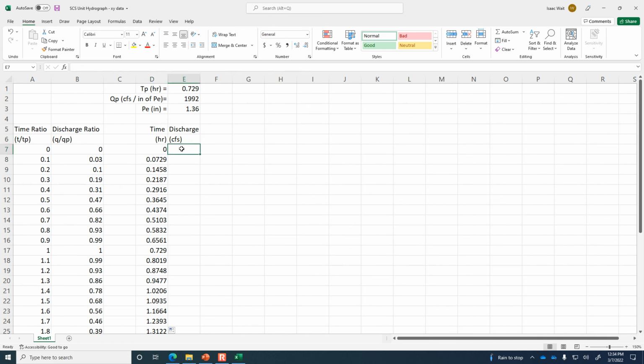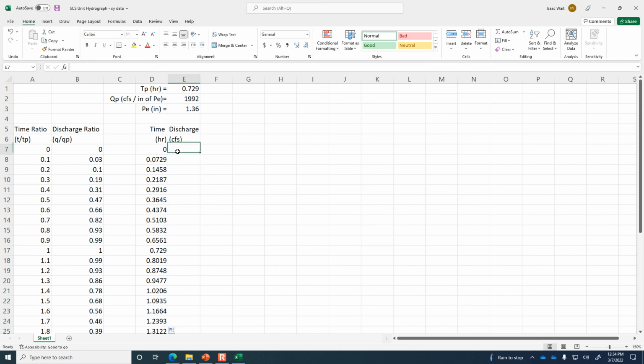And then for the discharge ratio, it is a little tricky, because this is the Q sub P per inch of rainfall excess, but we have 1.36 inches of rainfall excess. So each one of these cells will be multiplied by that, because this is per inch, but we have more than an inch.